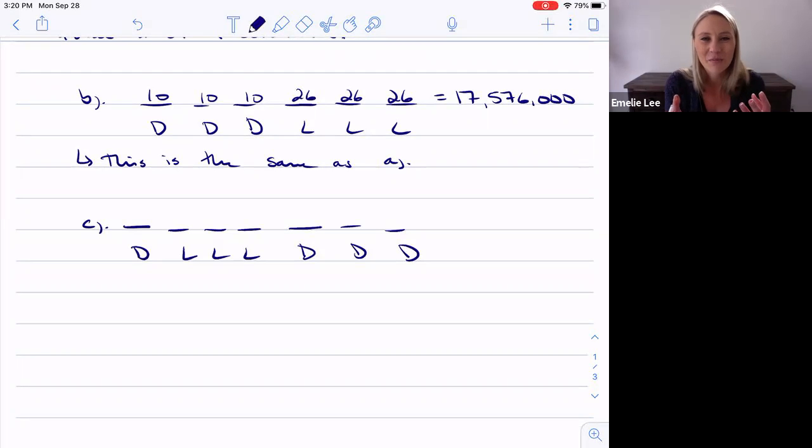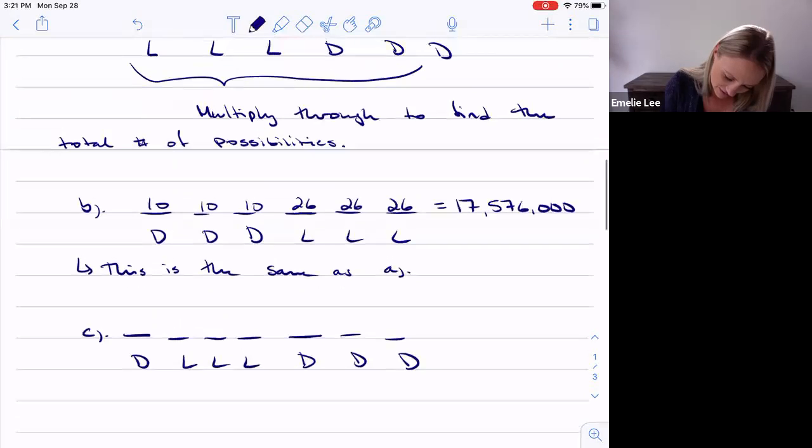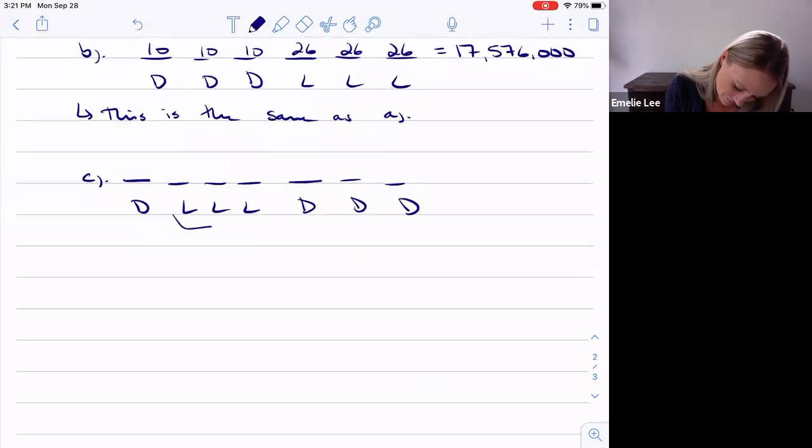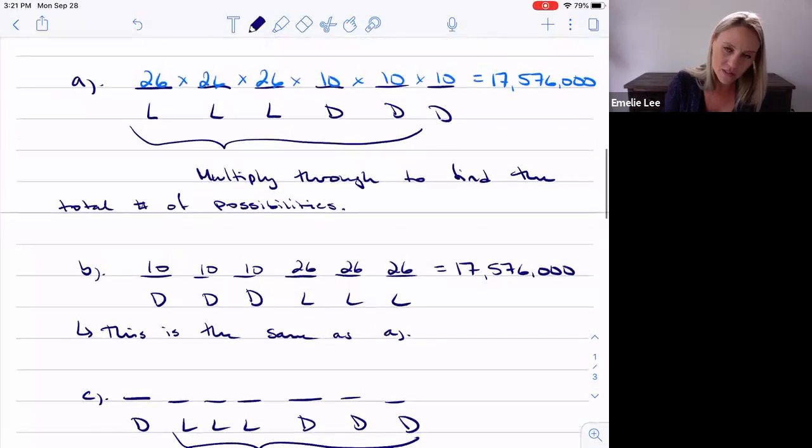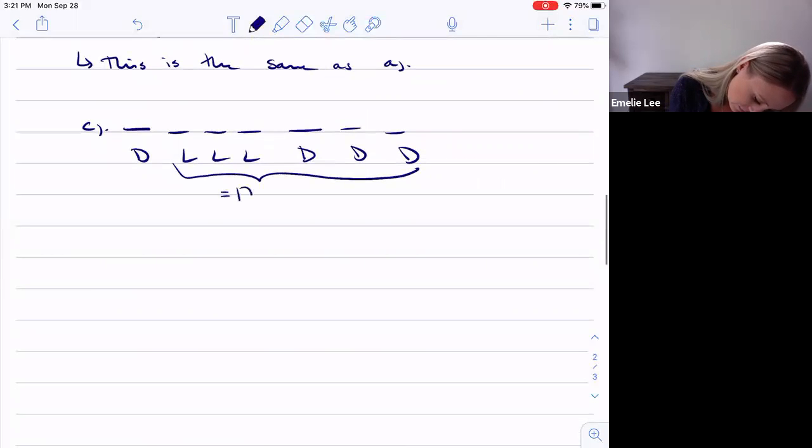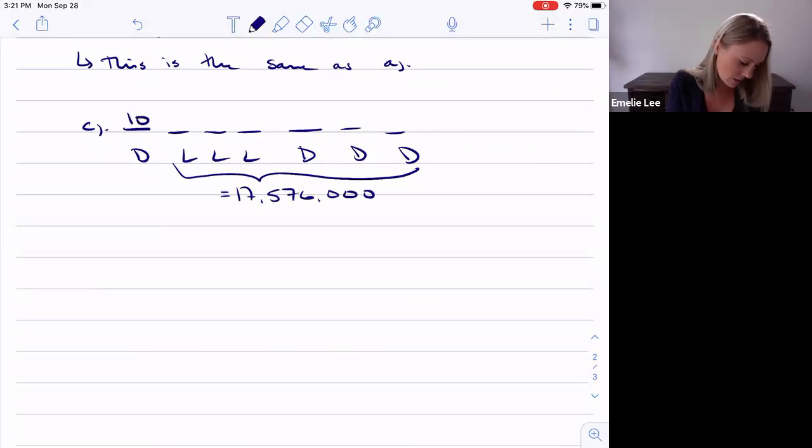Well, I can cheat a little bit here and say, well, I know what this equals, right? 17,576,000. So I have to multiply it by 10. There's no harm in just listing them all again and going through that calculation again. But sometimes it's nice to find these little shortcuts and just kind of see them, that they're allowed.